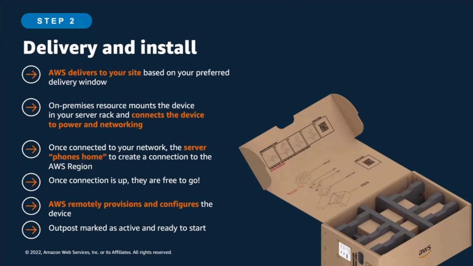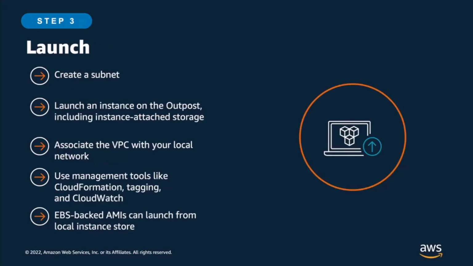AWS will remotely finish the configuration to the point that capacity will just be marked active for you to be ready to start launching instances. And then I think that's when the real fun begins, as Josh was talking about earlier, creating a subnet, extending, and starting to be able to manage your resources and launch instances into that Outpost. And you're off to the races, essentially, at that point.